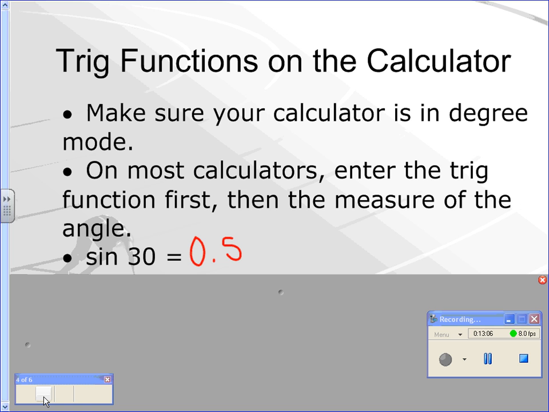Enter the trig. You are just finding sine of 30 degrees. That's it. Decimal when you use the calculator. Oh, well, that's fine. Everyone see how to get 0.5 for sine of 30?